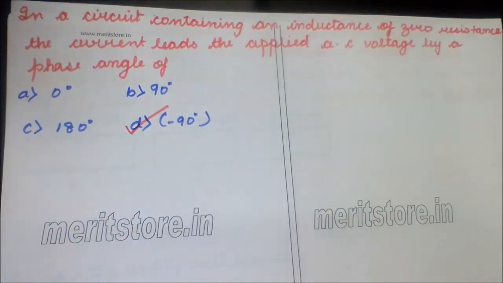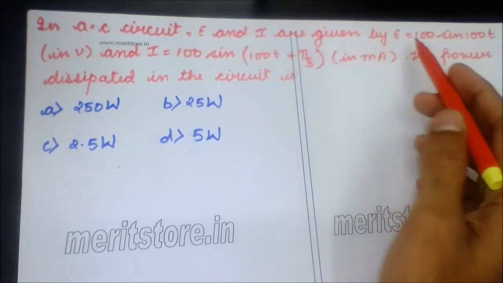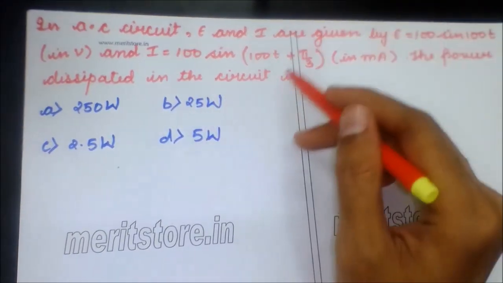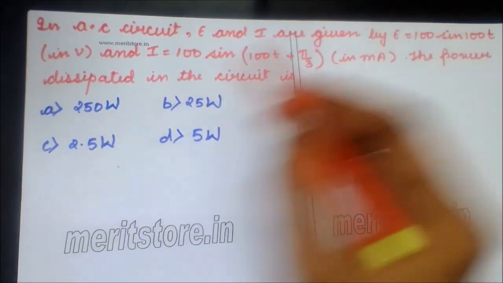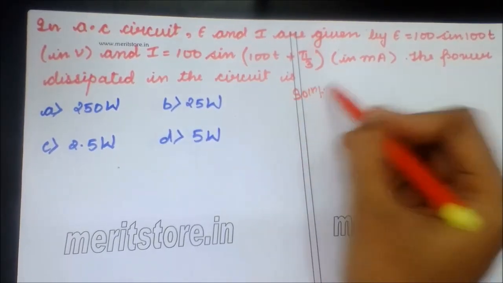In an AC circuit, E and I are given by E equals 100 sin 100 t in volts and I equals 100 sin 100 t plus pi by 3 in milliamperes. The power dissipated in the circuit is 250 watt, 25 watt, 2.5 watt or 5 watt. So we need to find the power dissipated.